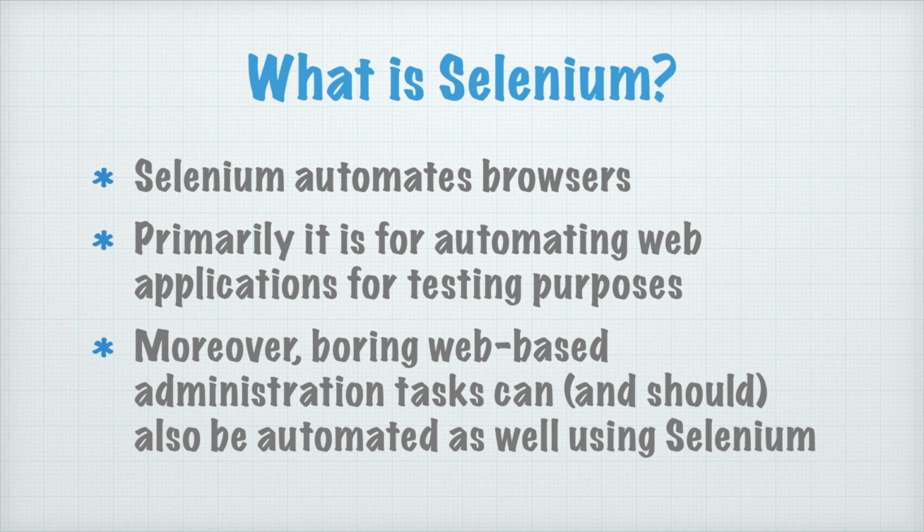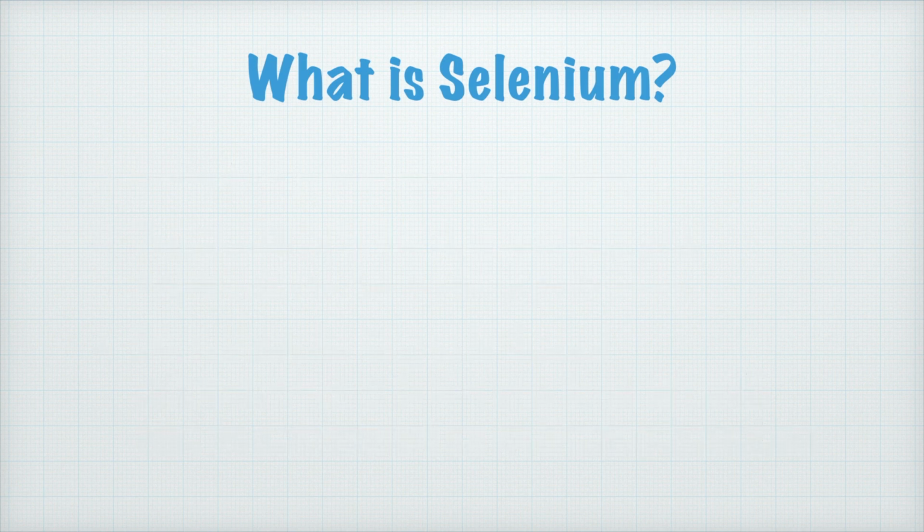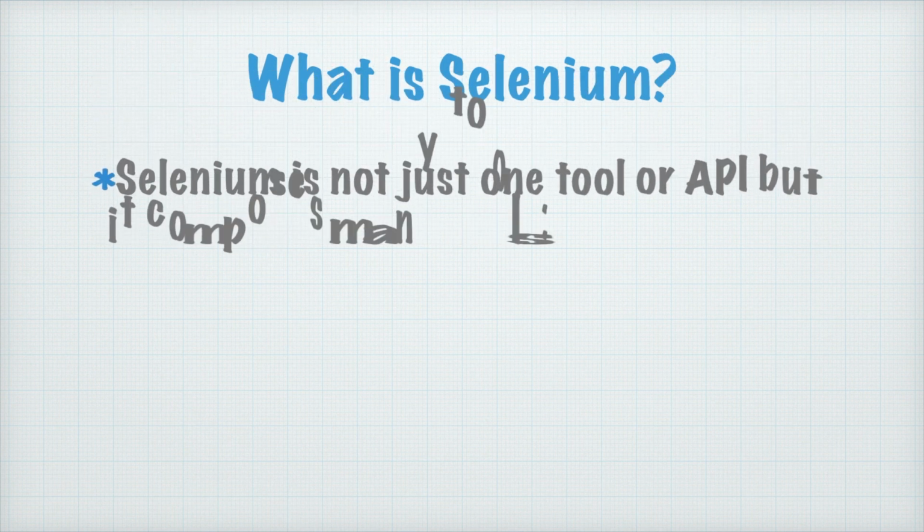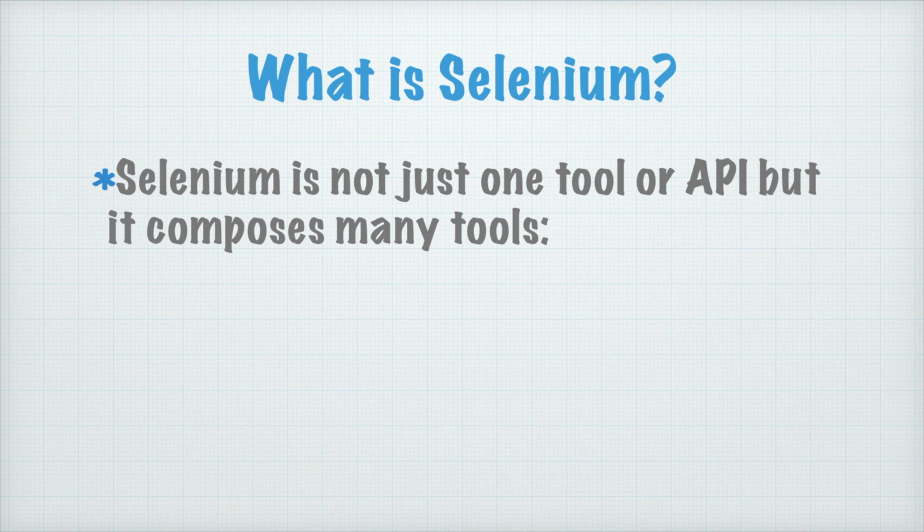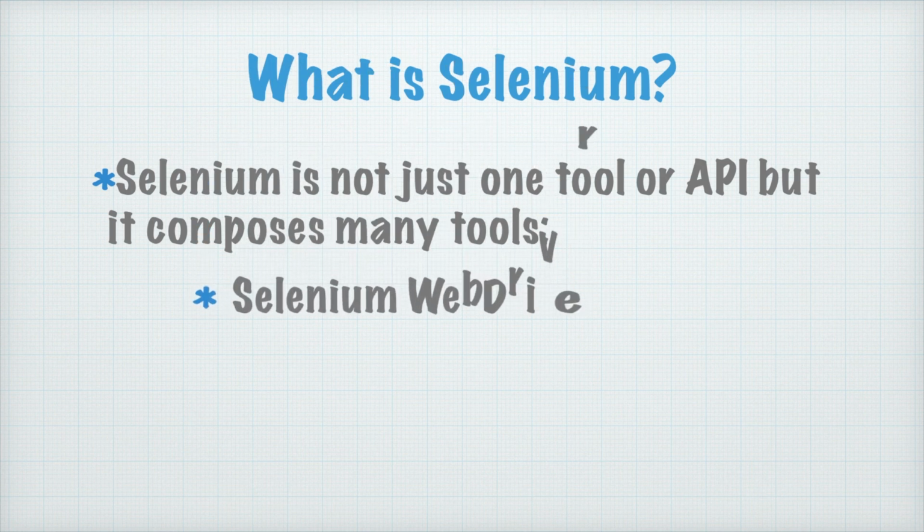The other thing is that Selenium is not a single tool, it's a combination of tools. There are three different tools. One is called Selenium WebDriver, the other tool is Selenium IDE, and the last one is Selenium Grid. So basically, Selenium is the combination of these three.